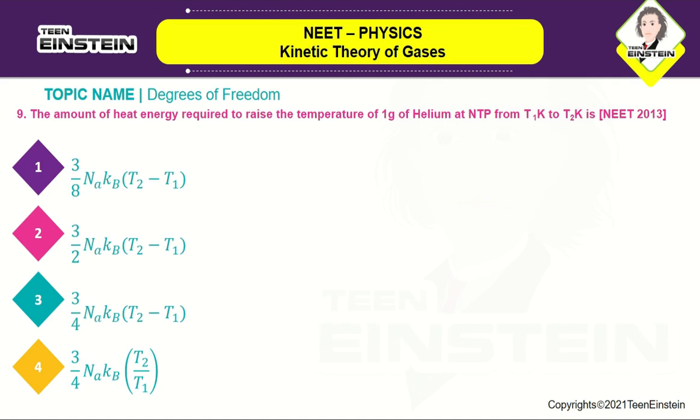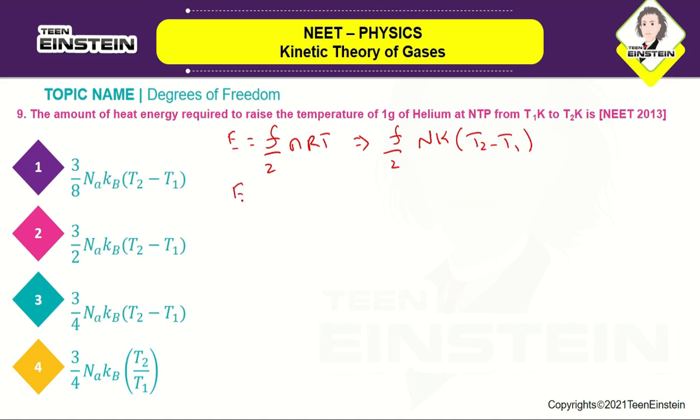So the amount of energy required is given by E is equal to F by 2 nRT, which is equal to F by 2 nK T2 minus T1.